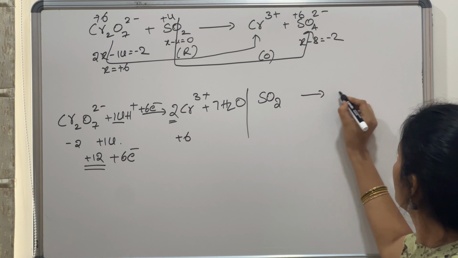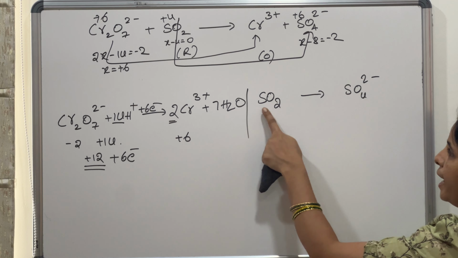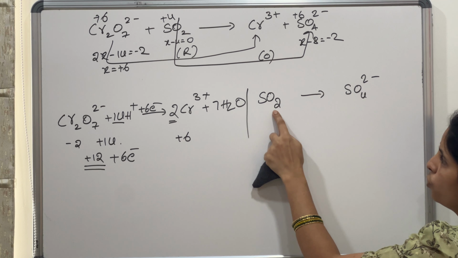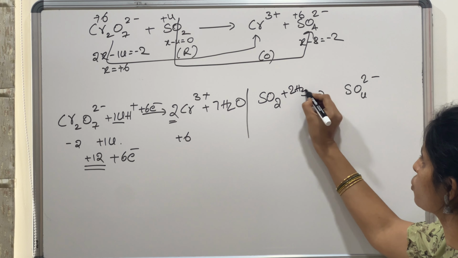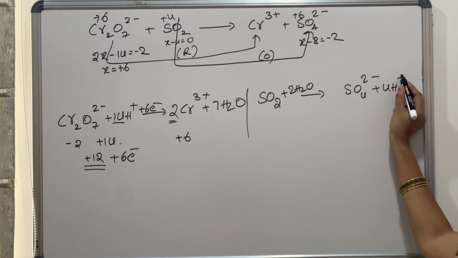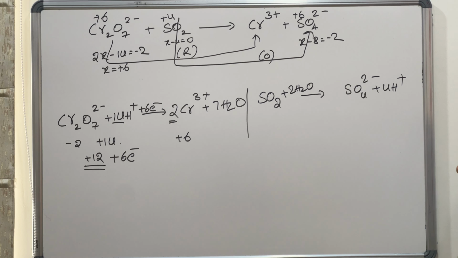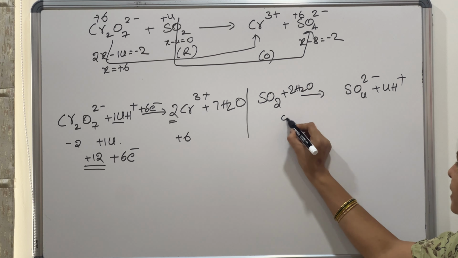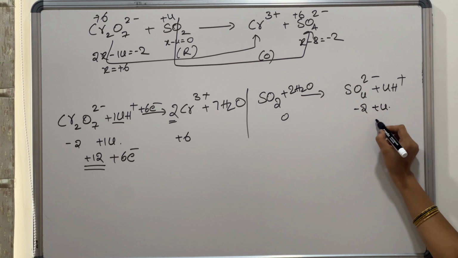SO2 gives SO4 2 minus. So here one S, two oxygens this side. So you add 2H2O this side, 2 2s are 4, 4H plus this side. Now you need to balance the charge. Here it is 0, minus 2 plus 4 means here plus 2.